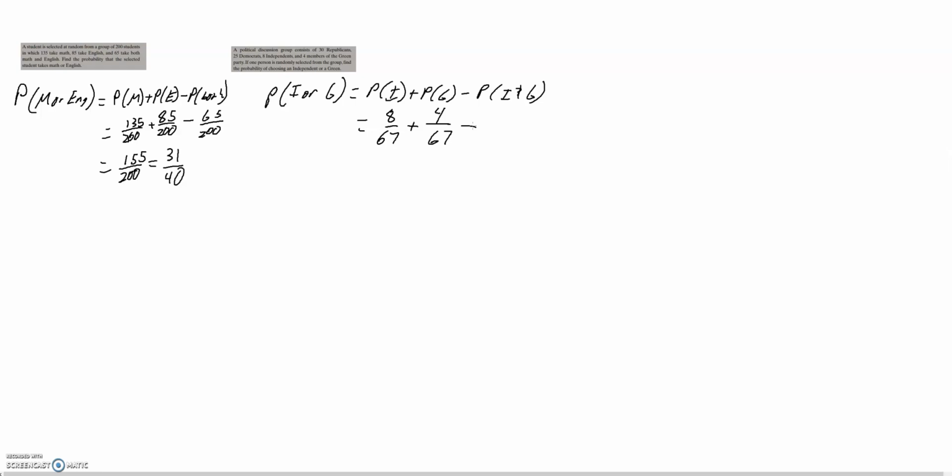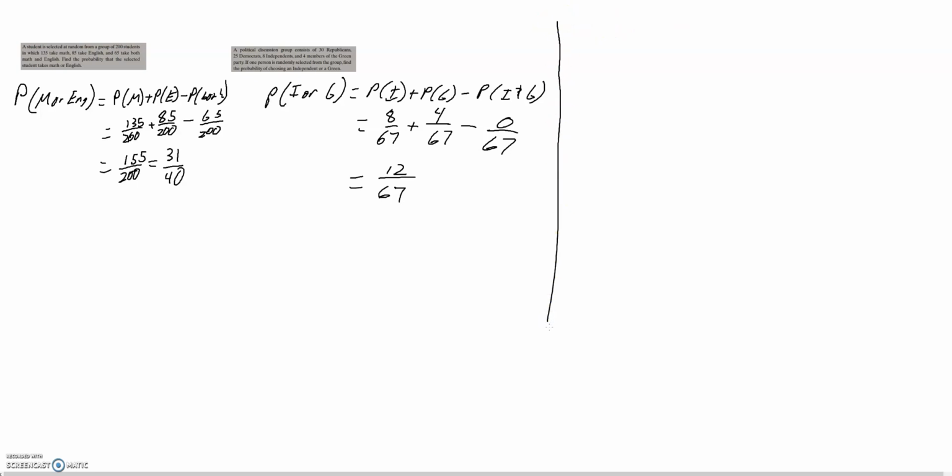Well, 0, right? There is no intersection here, so you can't be both a member of the Independents and a member of the Green Party at the same time. So we'll just add these up. 8 plus 4 is 12 out of 67. Hopefully these OR problems are starting to make sense.